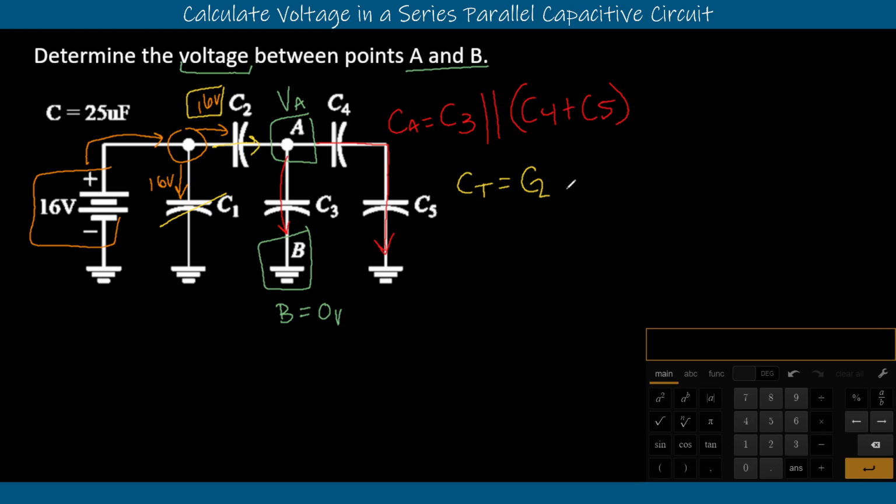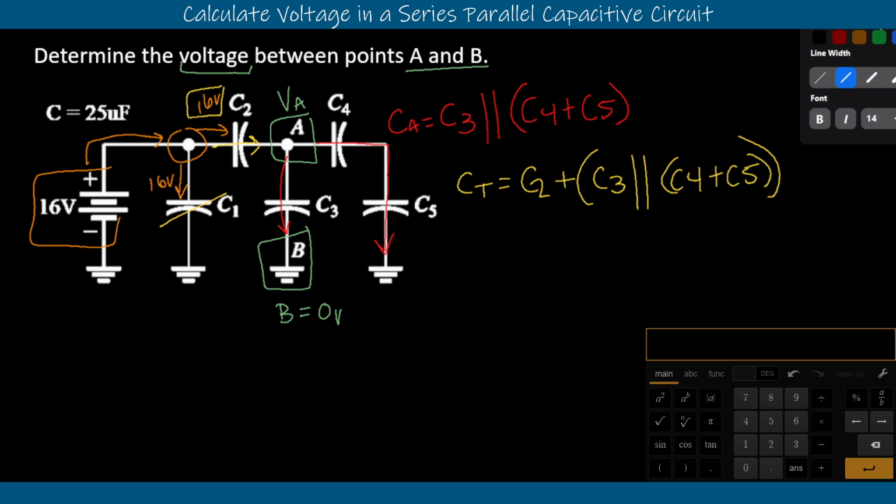That enters into our VA condition, where we know the total capacitance at node A. So we'll say C2 is in series with our C3 in parallel with C4 and C5. We want to make sure we do the series components first, then put those into our parallel with C3, and then put that in series with C2. Be really cautious of the series versus parallel capacitor equations.